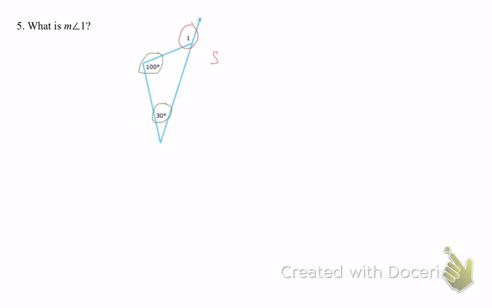So the sum of our remote interior angles equals our exterior angle. Okay? So what is our sum?